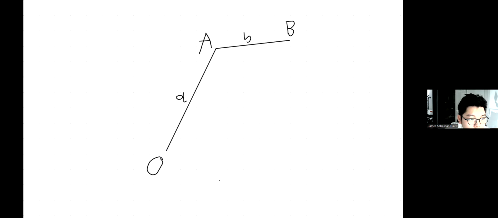If we have a vector OA like that, and then we have a vector OB, and say this is A, say this is B, then the vector OB, which connects O to B, is basically you walking the route from O to A, then A to B. And so this is really just A plus B.